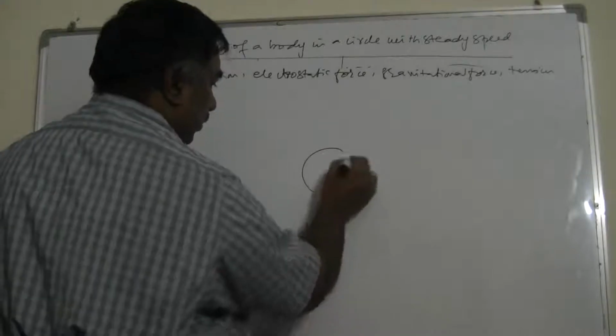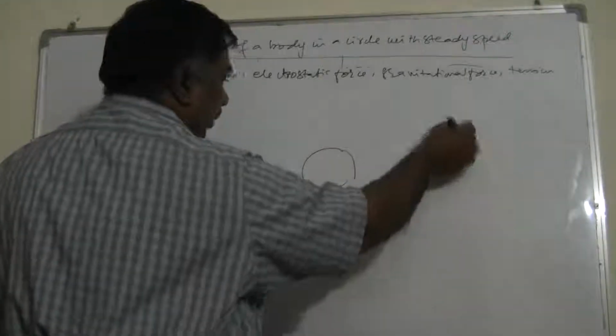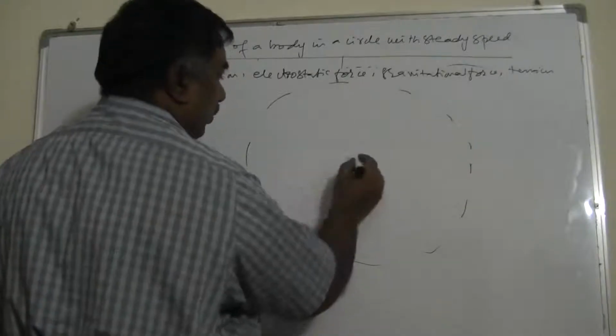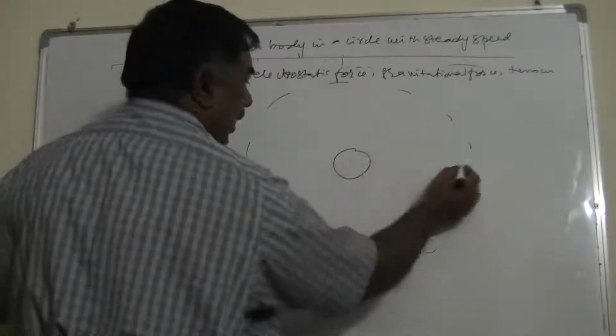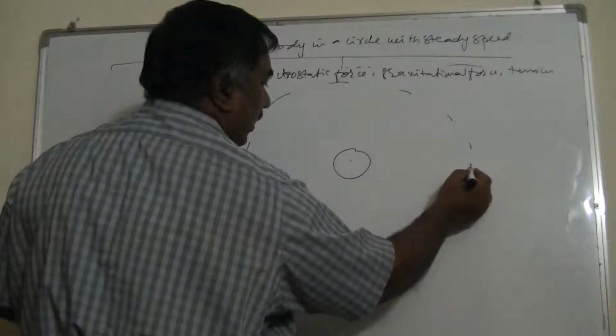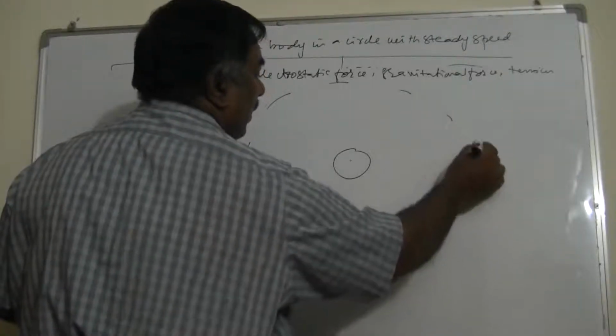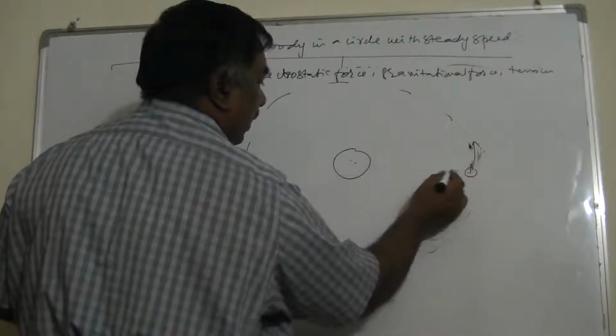For example, suppose this is the sun and Earth is moving around it in a circle with velocity v. Actually, there is a force of attraction here.